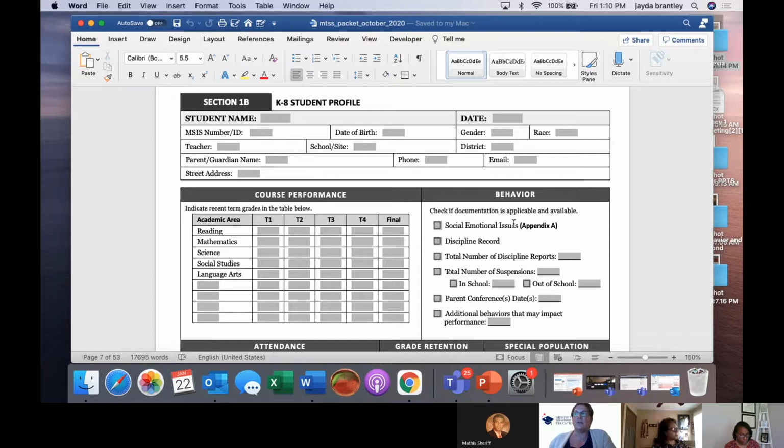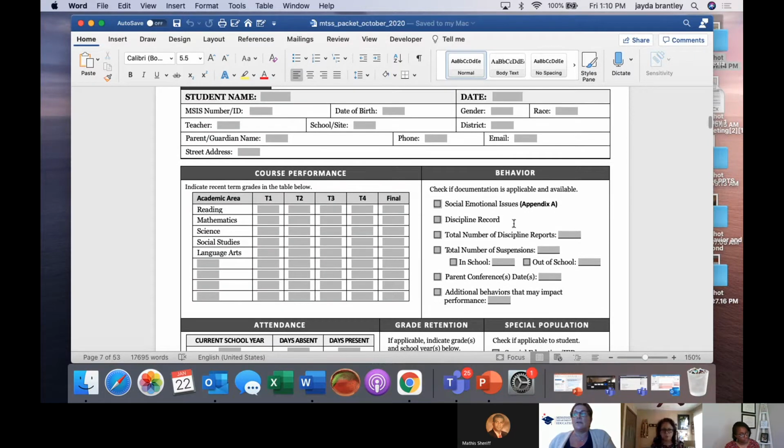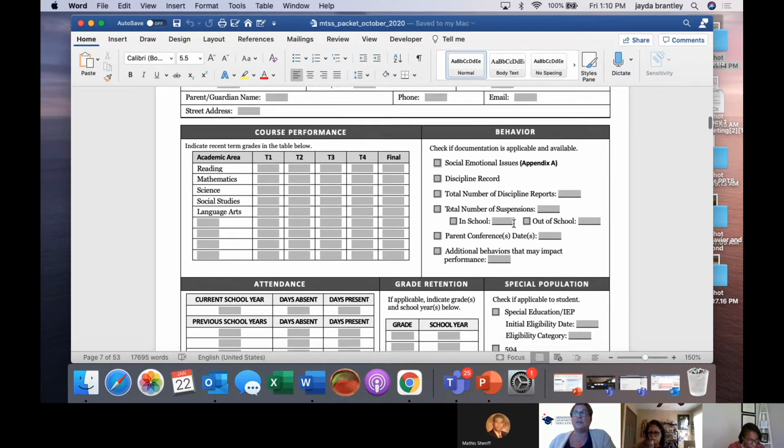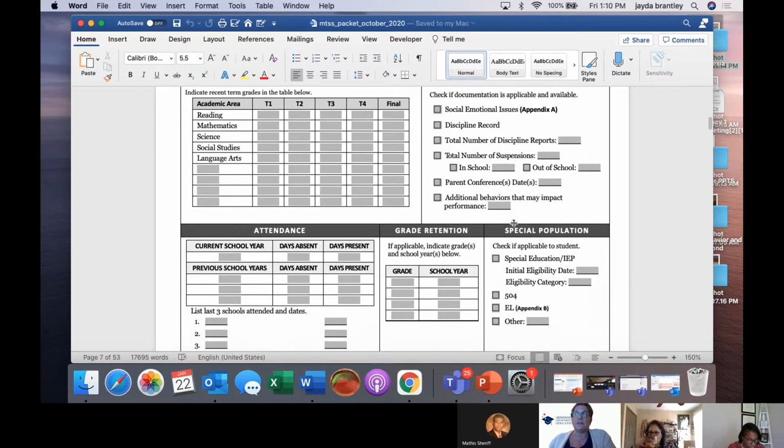It will have information on, for example, number of absences, current course performance, if they're a special population, if the student has already received an IEP, and maybe the student is receiving intervention, because we do know that MTSS is for all students. So, for example, we're teaching students how to read, and we're doing what's best for the student.